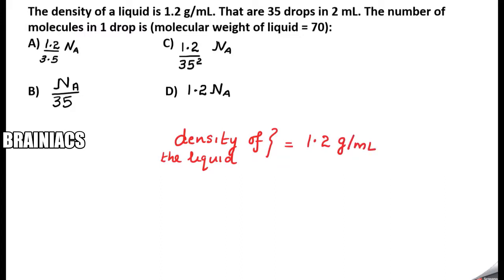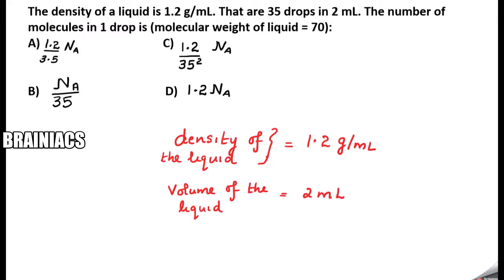Now what they have given: there are 35 drops in 2 ml. So we will say volume of the liquid is equal to how much they have given, 2 ml.